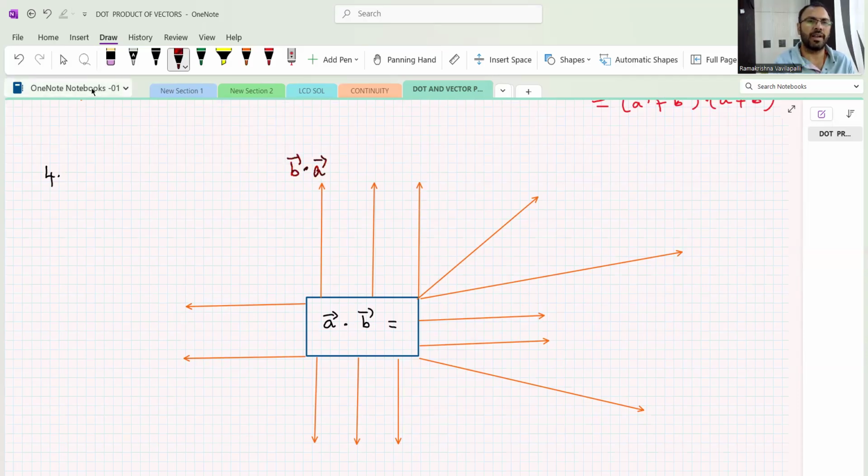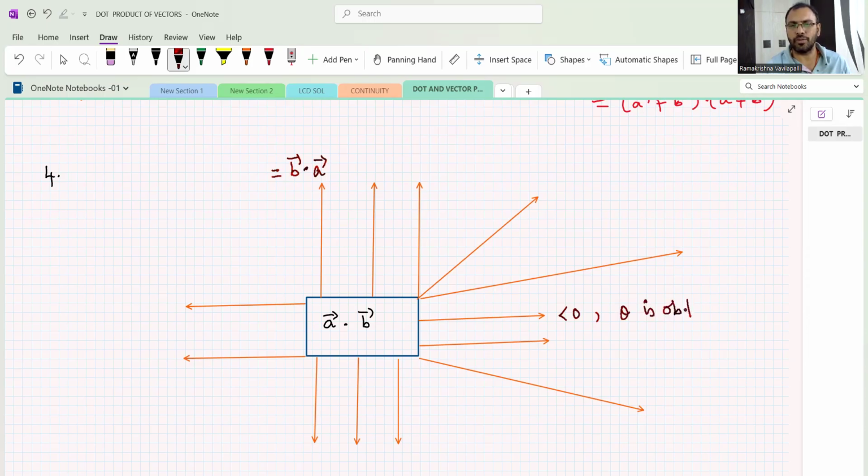And A bar dot B bar is less than 0 if the angle between the vectors is obtuse, right? If the angle between A bar and B bar is obtuse, so theta is obtuse.